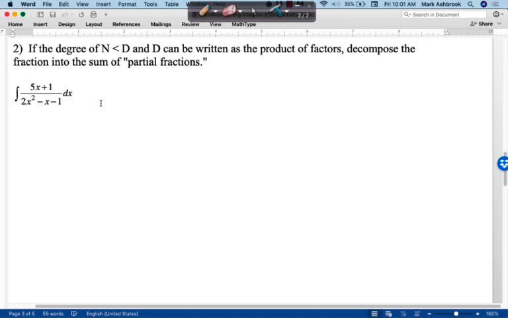The last qualification is that the denominator can be written as a product. Some polynomials factor into a product of factors, others don't. In order to use the technique I'm about to show you, this denominator has to be able to factor. So does it?